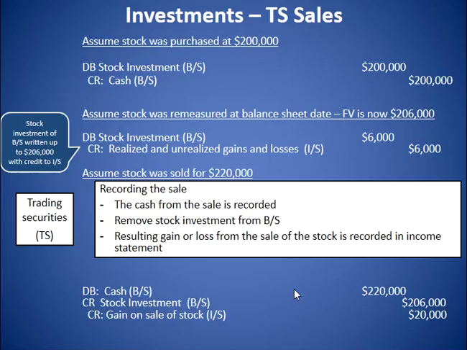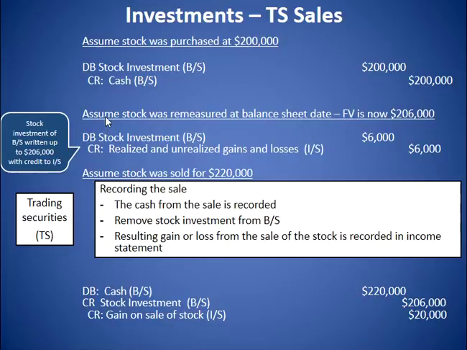Okay, now we'll take a look at a full transaction cycle with a trading security. In this case, we're assuming that we purchased some Buddy's common stock for $200,000. So we would debit stock investment for $200,000, and we would credit the consideration that we paid for the stock, $200,000.